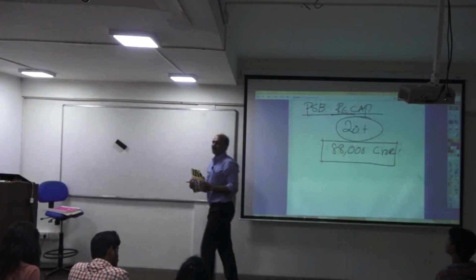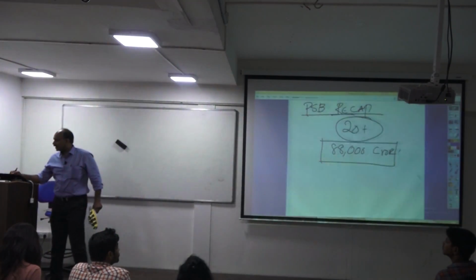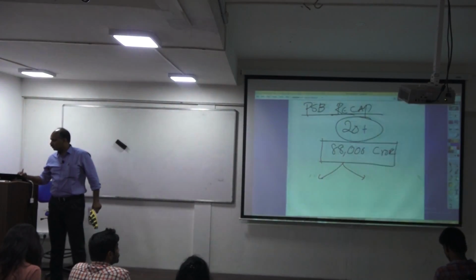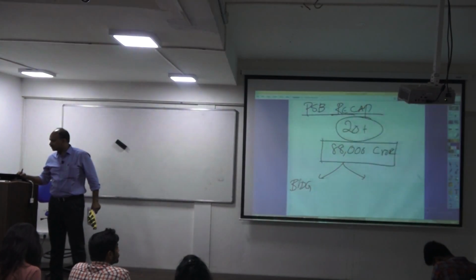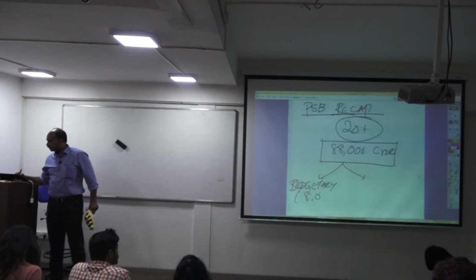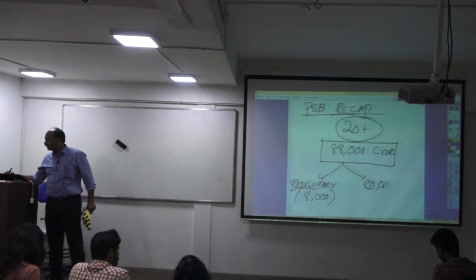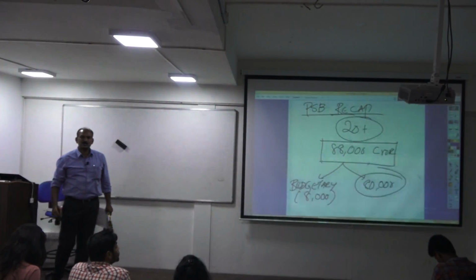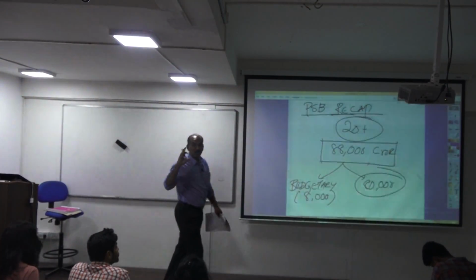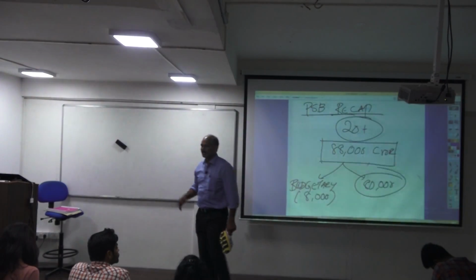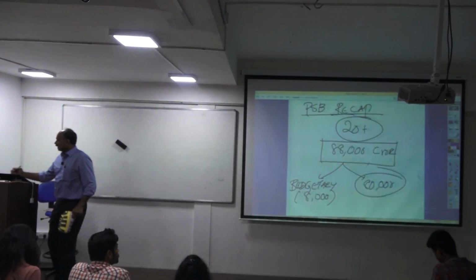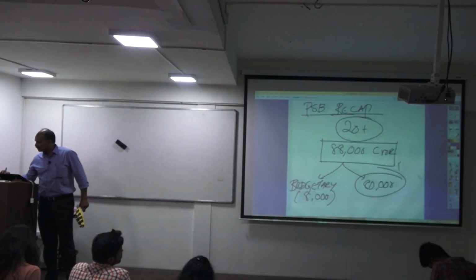Now recently the government has said it can arrange this fund through budgetary sources, but it is able to contribute only 8,000 crores. So the remaining 80,000 crores has to come from non-budgetary sources. It means the government doesn't have the capability of providing it through the budget.